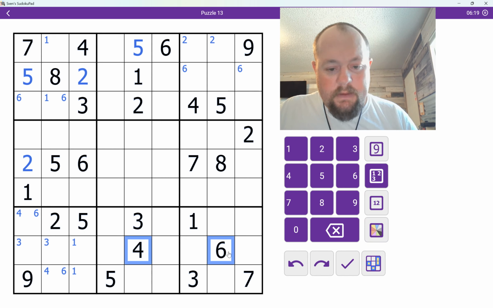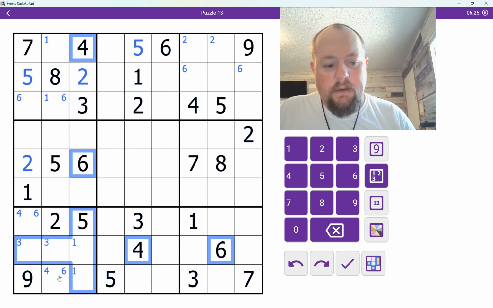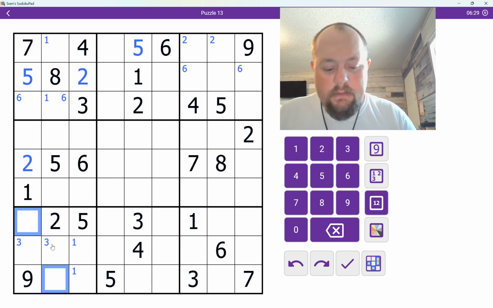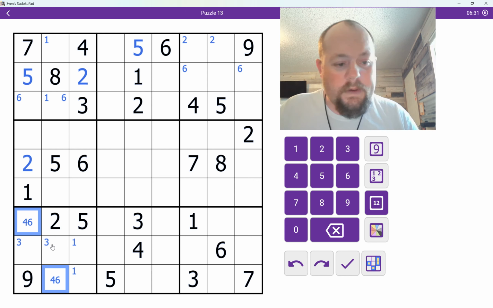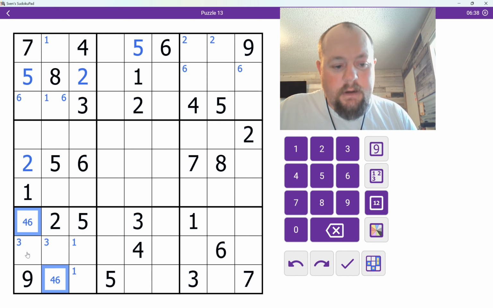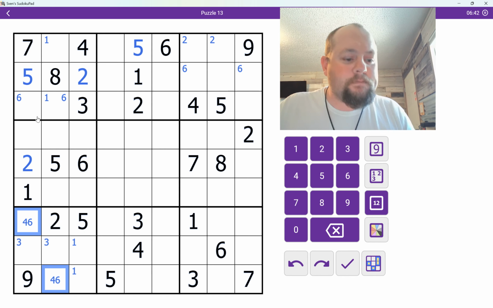This 4 and this 6, and this 4 and this 6, both look into this box here and here. So there's only 2 places that a 4 and a 6 can go, and it has to be right there. So let's give us a corner pencil mark for 4 and a 6, and that'll catch our eye better. Then we have a 4-6 pair in the box.